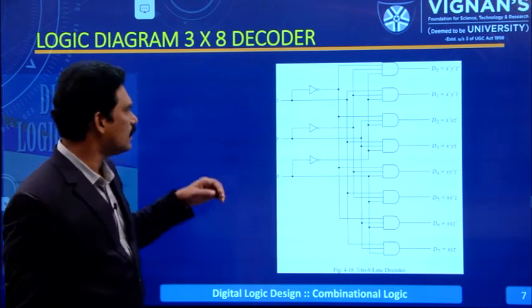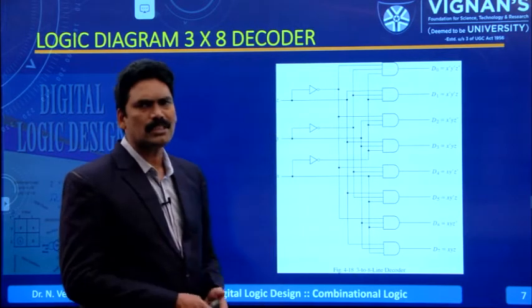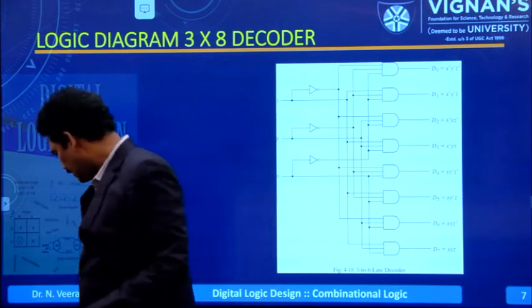In the logic diagram, x, y, z are the inputs. What are the combinations?